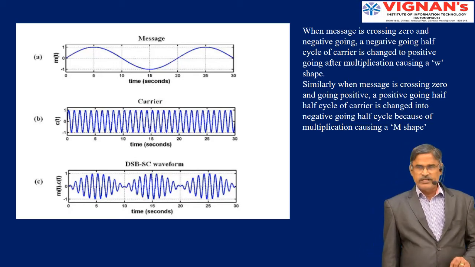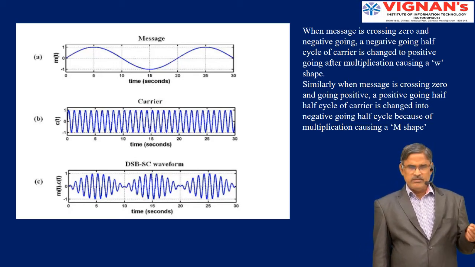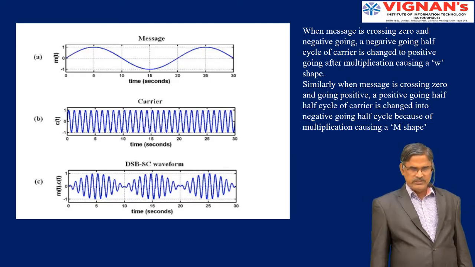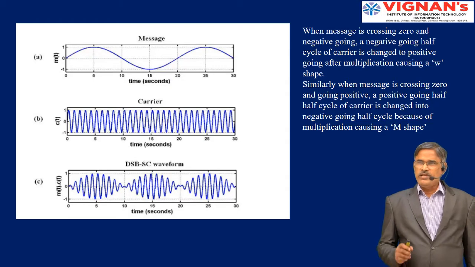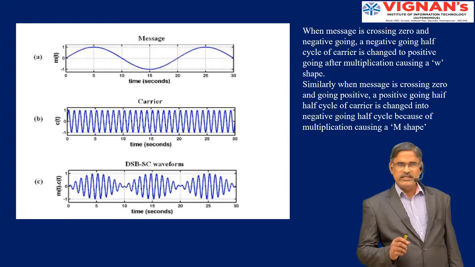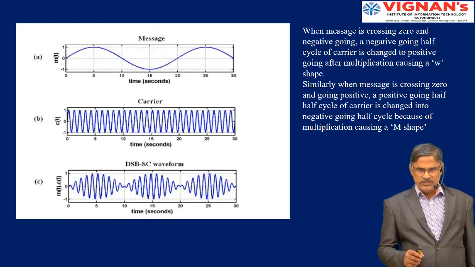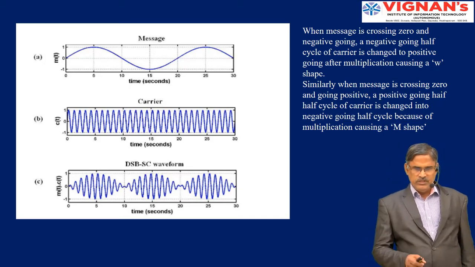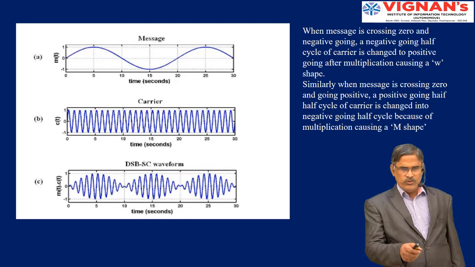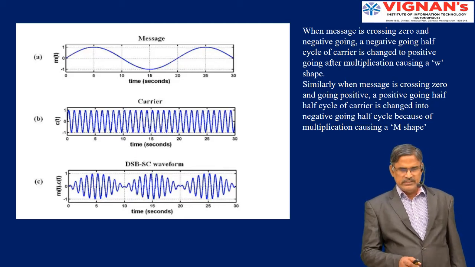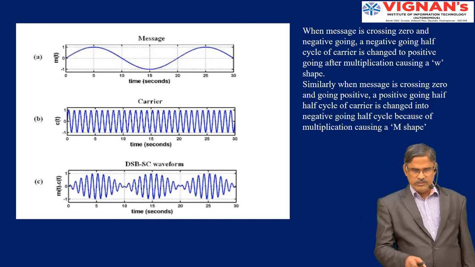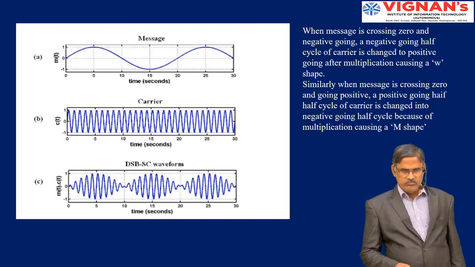So you can observe a W shape whenever the message crosses 0 and goes negative because of the phase reversal. The phase reversal occurs whenever the message signal crosses 0, either from positive to negative or from negative to positive. In the message signal at 20 seconds, again the message signal is going from negative to positive. At that time, in the product signal, you can see an M shape.